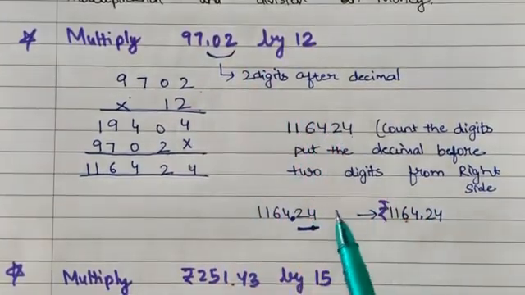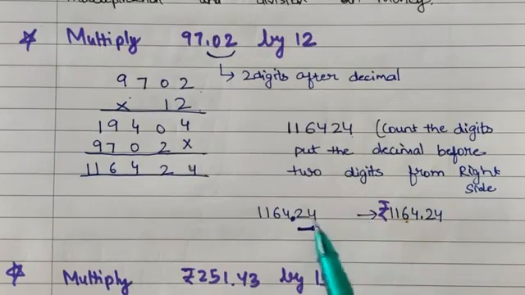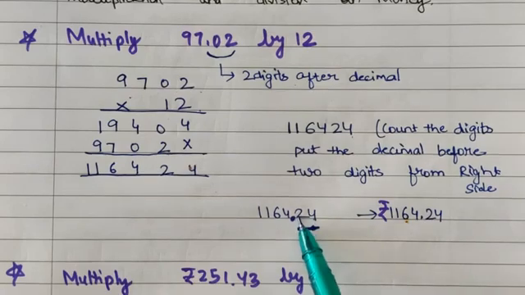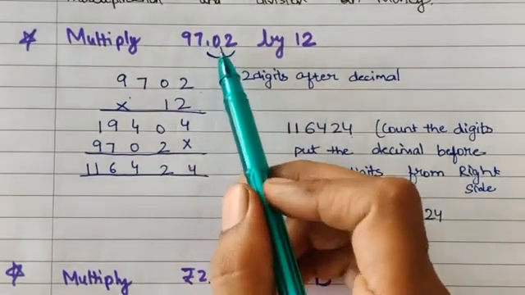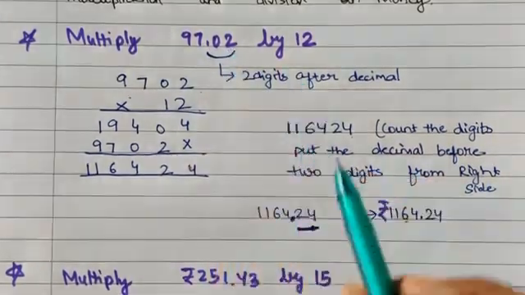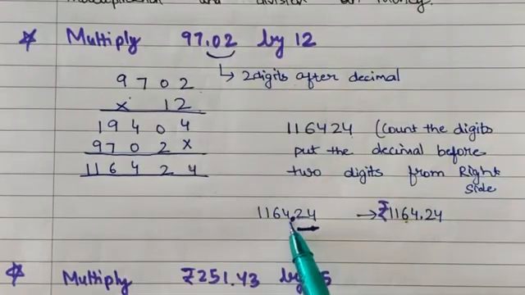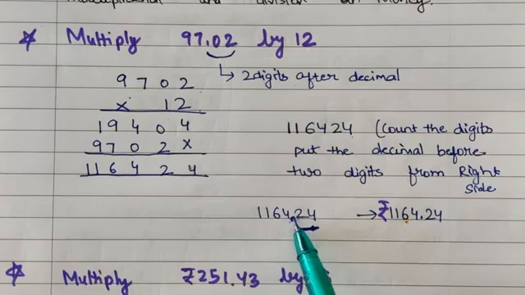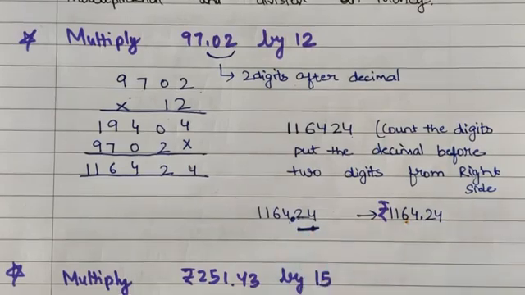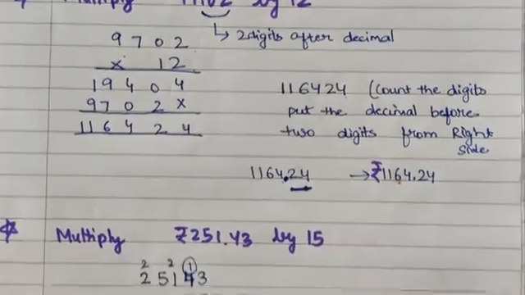So what we will do while putting the decimal, start from the last digit. 1, 2. Only till 2 we have to count, because after the decimal there were 2 digits. So now 1, 2. Put the decimal. This is your answer. Clear? Now next one is also same.